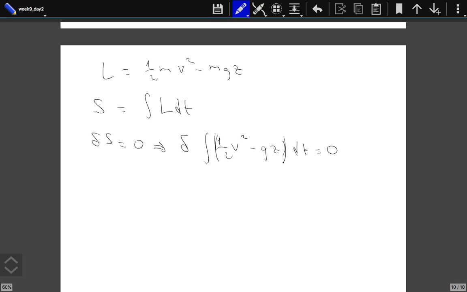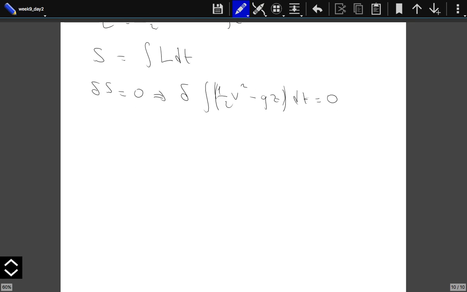But let's see what happens in quantum mechanics. If you put your particle in a gravitational field, our Hamiltonian will be p squared over 2m plus mgz. Now let me imagine these two cases.